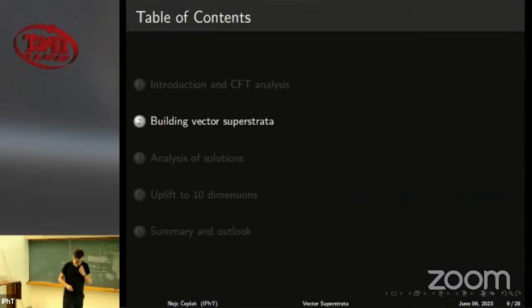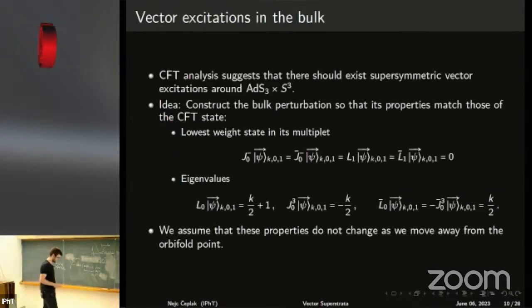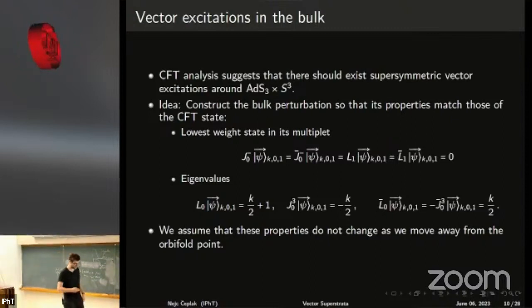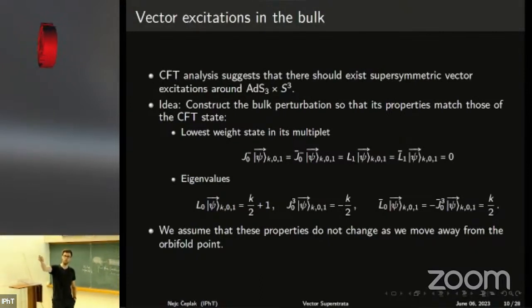Okay, so now that we have some motivation, let's try to actually construct these solutions, these perturbations. The summary is that CFT analysis suggests there should be vector perturbations within AdS3 cross S3, which should be supersymmetric. And the idea is that I would like to construct a bulk which has the same properties as your CFT states.